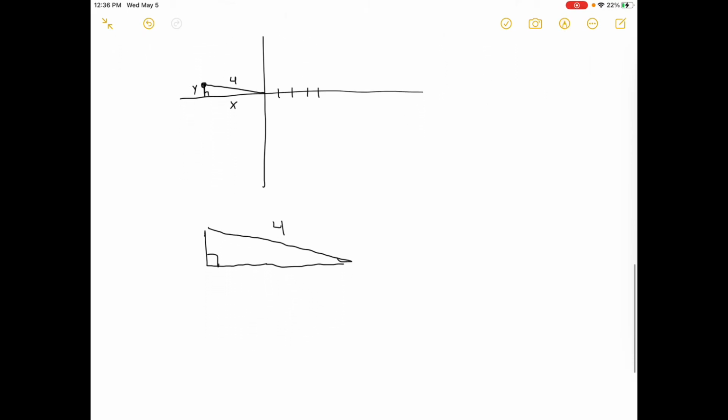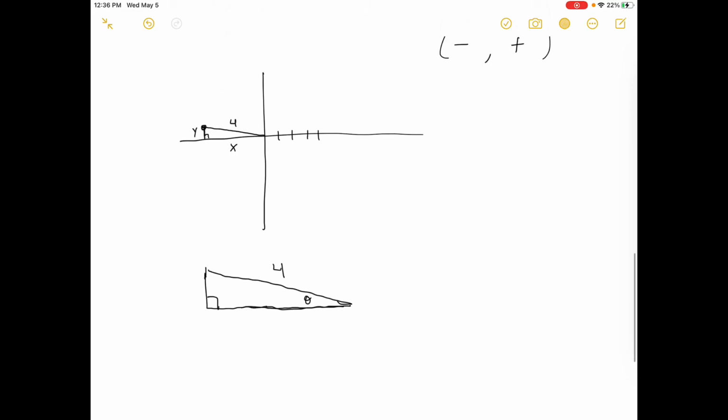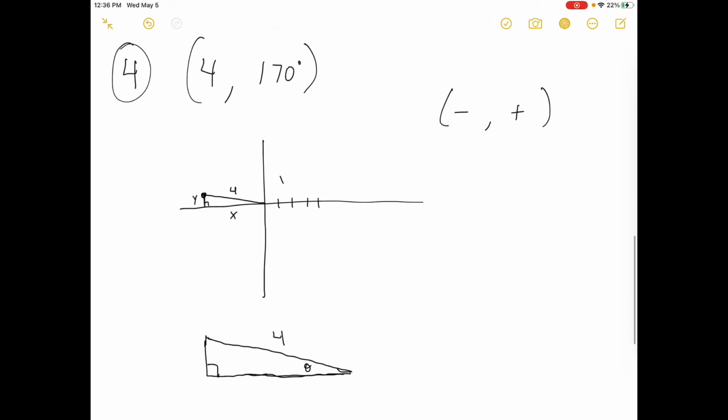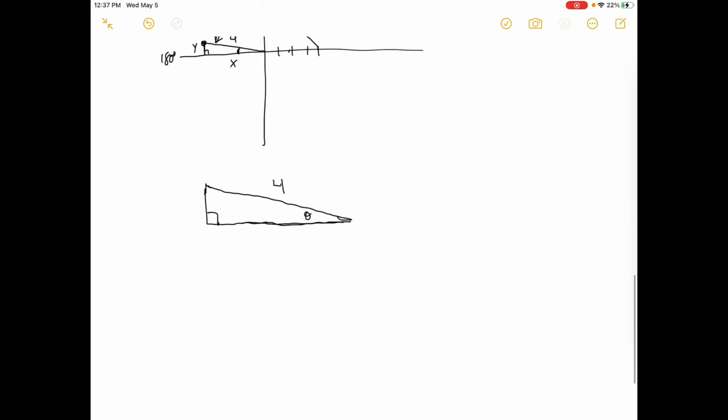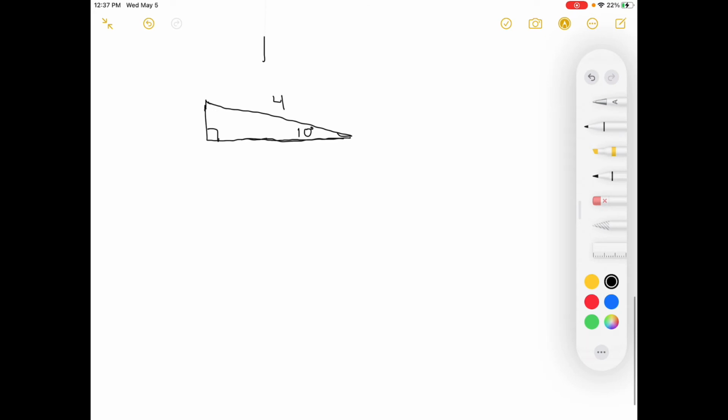We have enough information to figure out this degree right here. If I can figure out that degree, then I can do SOHCAHTOA to figure out my x and my y. Remember, we went around 170 degrees. Well, over here is 180. So here is 10 degrees.